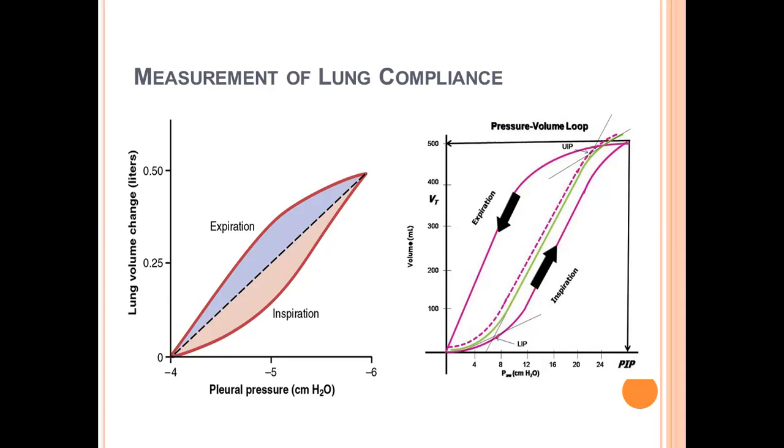On the horizontal axis, you get the pressure change, and on the vertical axis, you get the lung volume change. And it is never a straight line, so it is always a loop form, and this is known as a pressure volume loop. Depending on this, we can have an idea regarding the expansibility of the lungs. This is a routine investigation which is very commonly done by pulmonary chest physicians. So you can study this again in detail.